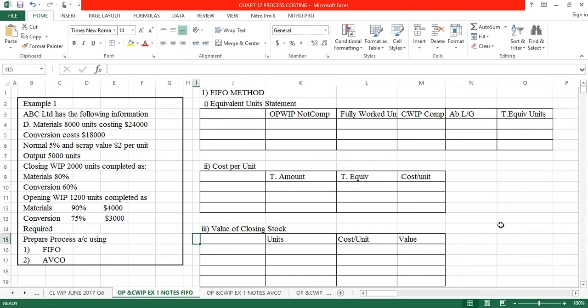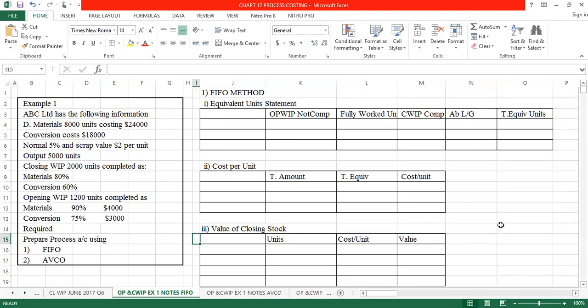So the question reads, ABC Limited has the following information. Direct materials 8,000 units, costing 24,000. Conversion costs 18,000. Normal loss is 5% and scrap value is 2. Output is 5,000. Closing work in progress is 2,000, completed as materials 80%, conversion 60%.